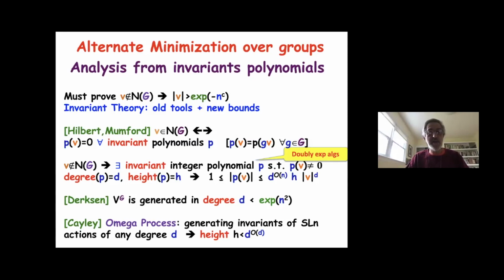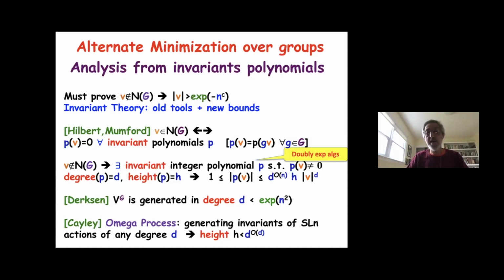For this you use one of the earliest papers in invariant theory, by Cayley, where he defines an ingenious process called the omega process for generating invariants. You need to study it and prove an upper bound on the height. If you combine this, I won't do it here, you get the lower bound that we want.